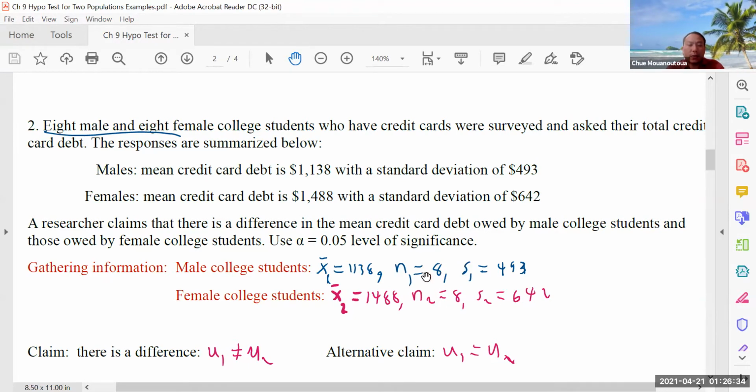N1 represents those 8 males, and N2 represents those female students. S1 represents the standard deviation of the male college students, which is 493. S2 represents the standard deviation of the females, which is 642.